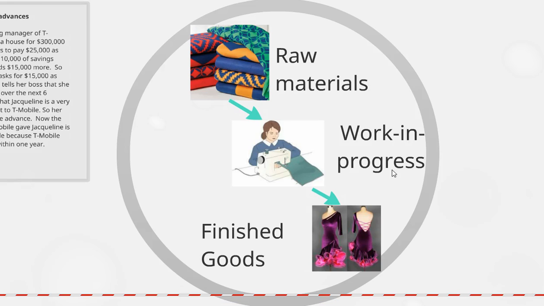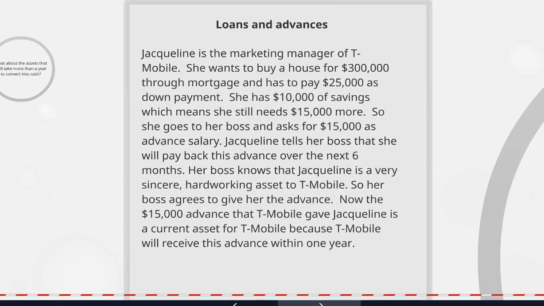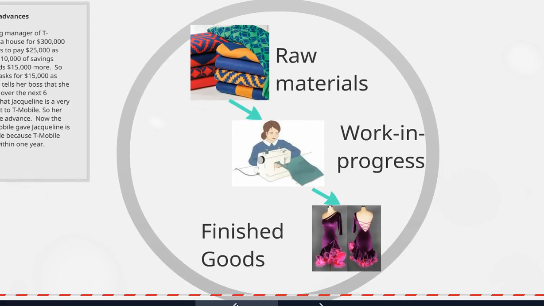Once she completes the garment, it's a finished good. Every business has some amount of all these 3 types of inventory: raw material, work in progress, and finished goods. So inventory is the third most liquid asset.